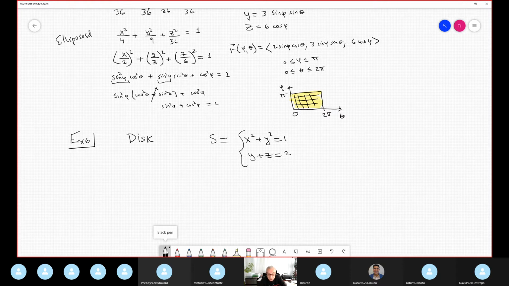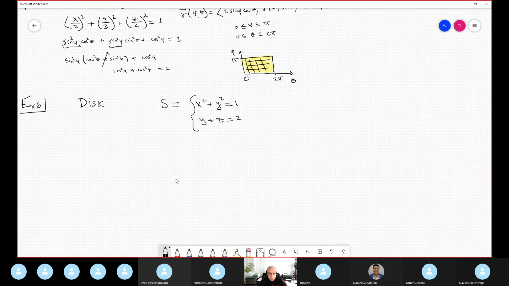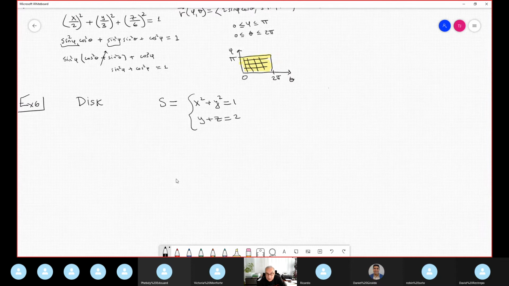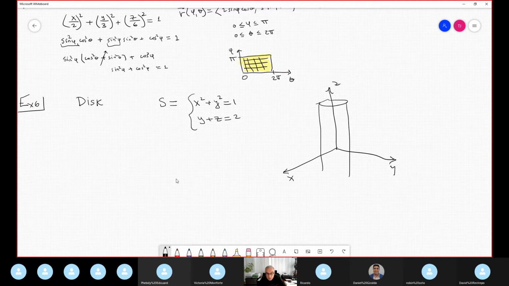So I try to use my imagination. Look, this is x, this is y, this is z. We have a cylinder like that, with radius 1, and we have a plane.